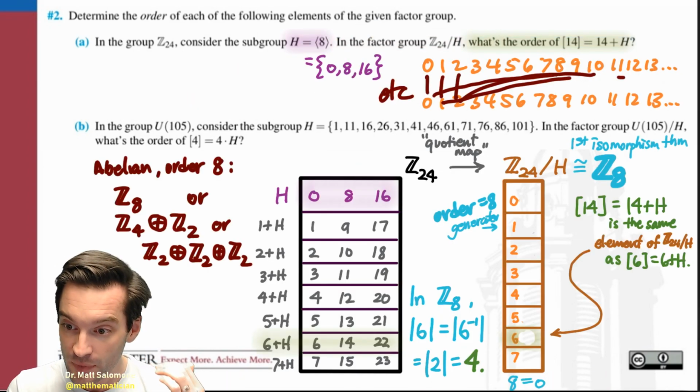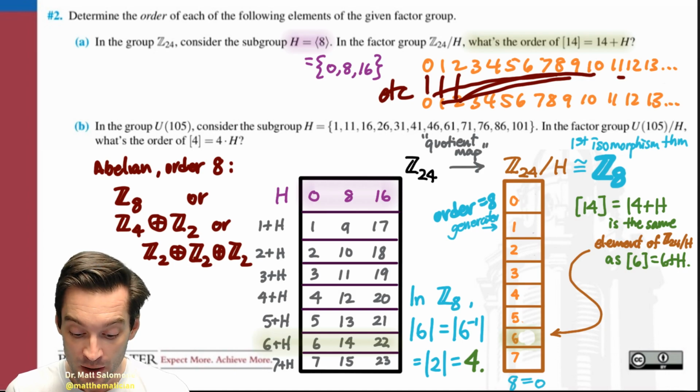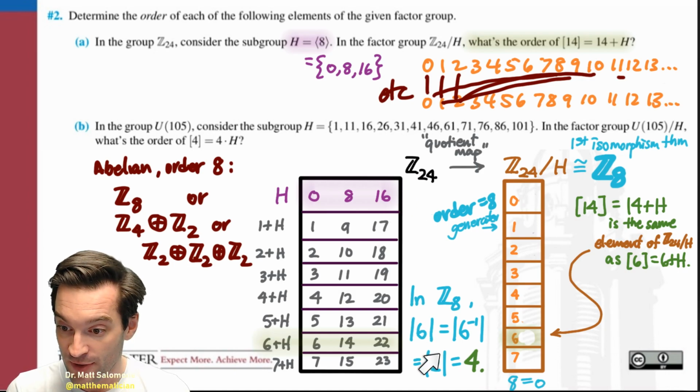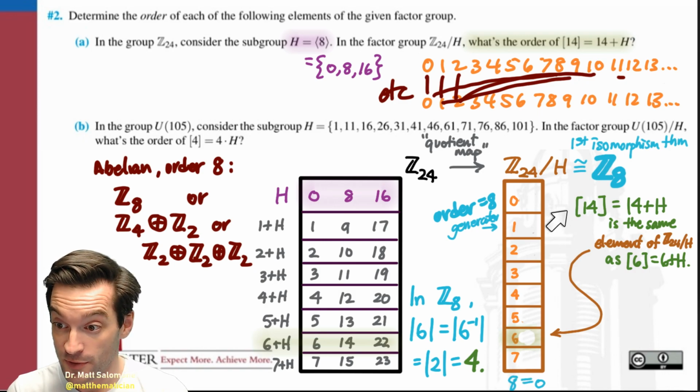But for the sake of the general theory and sophistication and understanding more about finite groups and where they come from, we can instead think about this factor group by understanding its entire algebraic structure, using the first isomorphism theorem, which says that the factor group is isomorphic to the image of this homomorphism. The image of this homomorphism consists of the residues 0 through 7, and I observe that the element 1 has order 8.